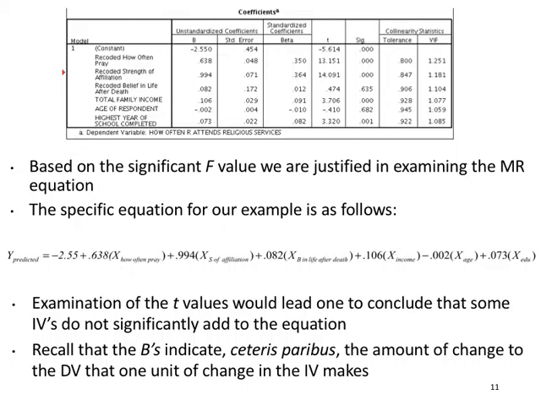Yeah, in this case, 1 is equal to belief in life after death. 0 is not believing in life after death. Okay. Then you would say if you believe in life after death, then you will go up 0.082 on how often you attend religious service, compared to somebody who doesn't believe in life after death.